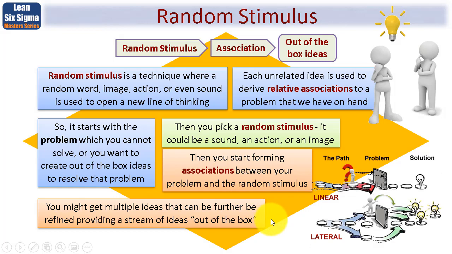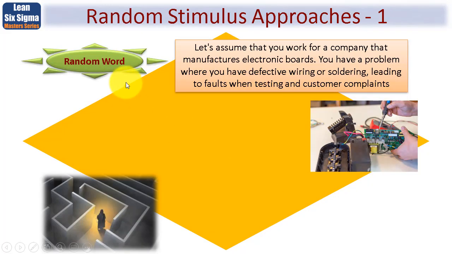So keeping with random stimulus, the first idea is to use a random word. Now, just as an example here, and something that I'm fairly familiar with, let's assume that you work for a company that manufactures electronic boards, and that you have a problem where you have defective wiring or soldering leading to faults when testing, and this leads, of course, ultimately, unfortunately, to customer complaints.